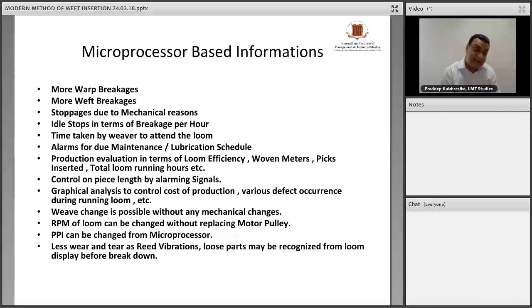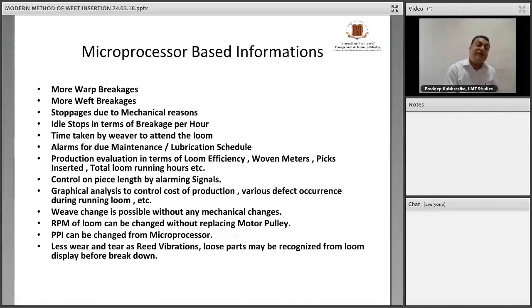But you see, suppose the frequency of maintenance, say quarterly maintenance required, say 6 monthly maintenance required, say annual maintenance required, say maintenance after 2 years required. So there are different signs and alarms which will blink on the microprocessor. So one can understand that maintenance is now due. And after doing maintenance, these alarms will be reset.